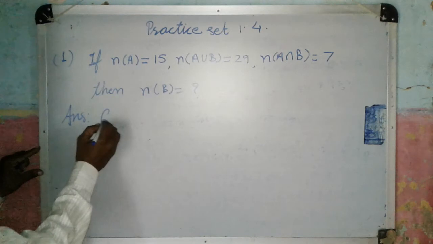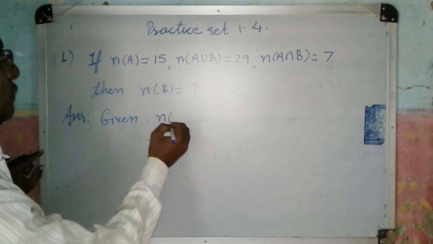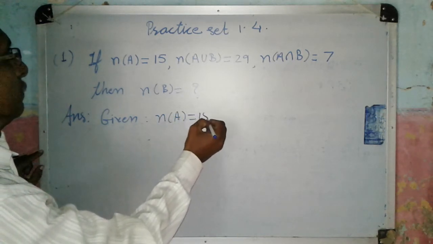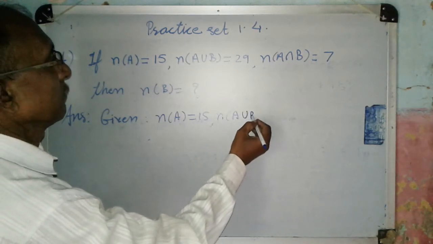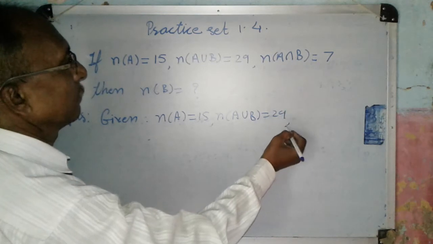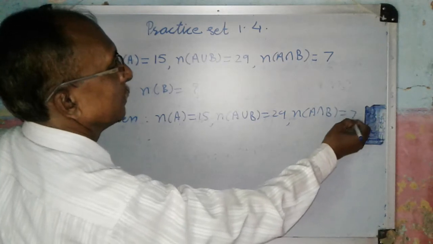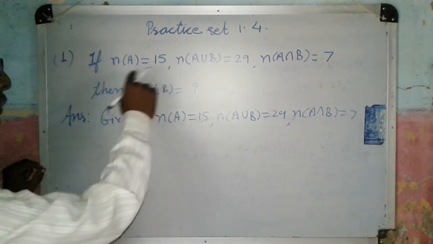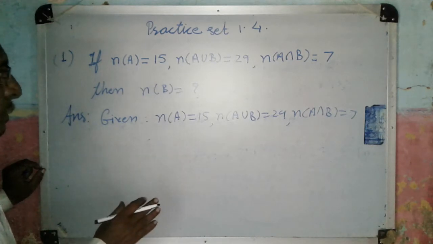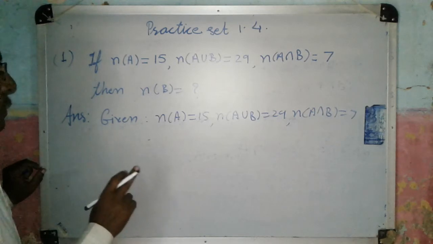Now here, given number of A is equal to 15. These are the given 3 terms, and we have to find the 4th remaining term. Any 3 out of 4 terms are given, and to find the remaining term, we can use the formula.